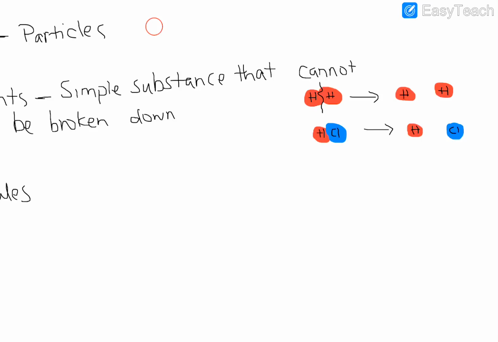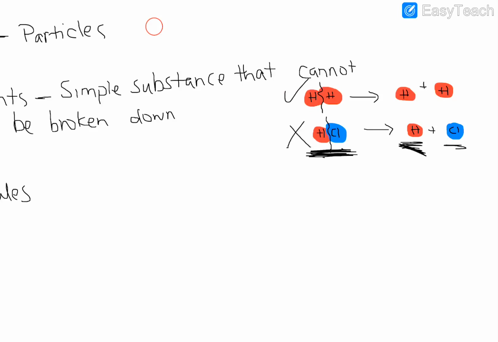So this is an element. There's nothing simpler than this particle. Now, if I consider this one and I break it down, I will end up with hydrogen and chlorine. Which means that this can be broken down into simpler substances. This is a simpler substance compared to that substance here. So we're breaking down into something simpler, which means that this is not an element.